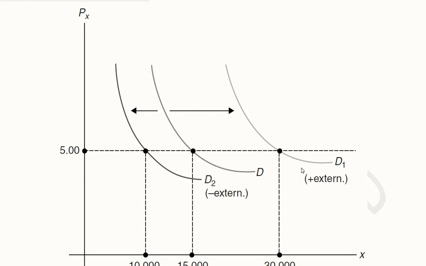When it comes to positive externality, there is a mutual effect. It means that the demand curve has shifted favorably, that is outwards, due to which the demand has risen from 15,000 to 30,000.